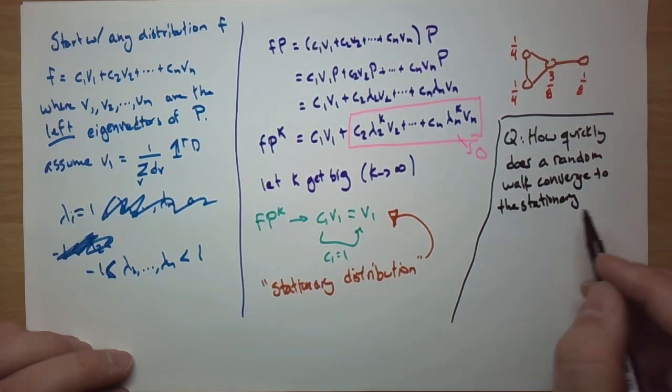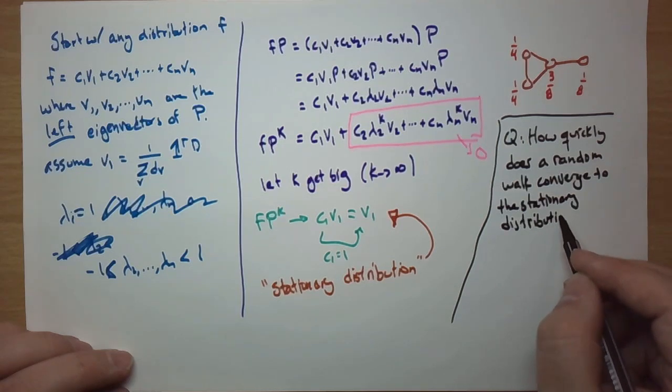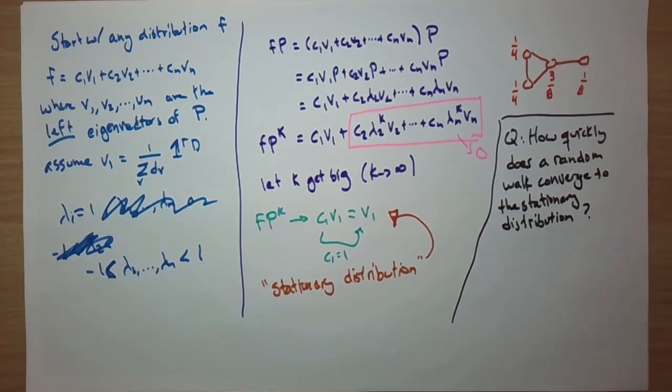How can we answer that question? Does this question even make sense? Is what we have up there the stationary distribution?